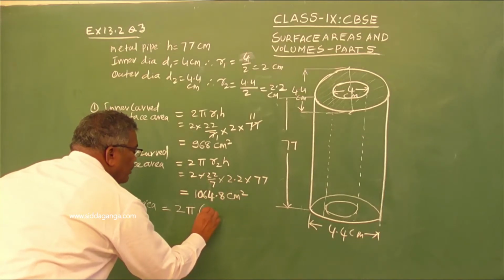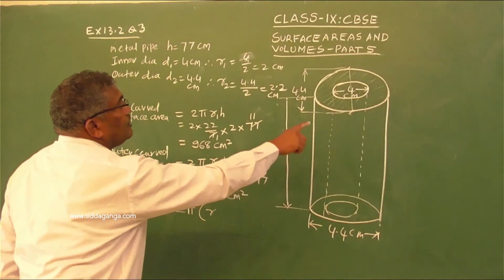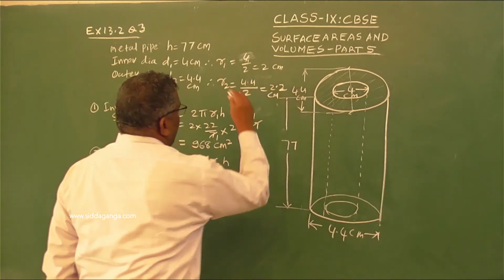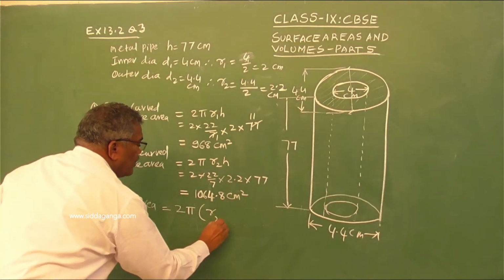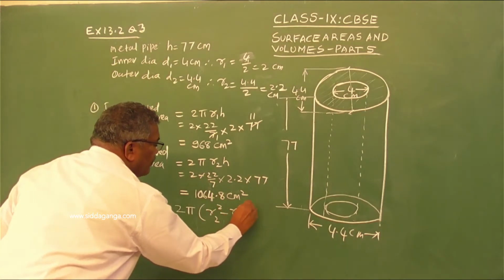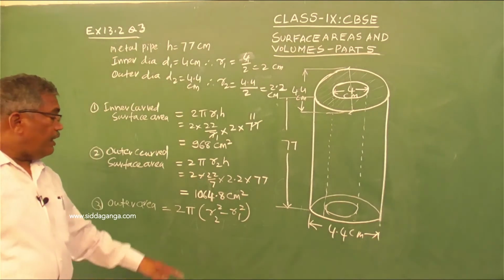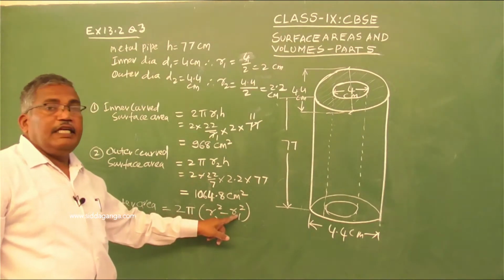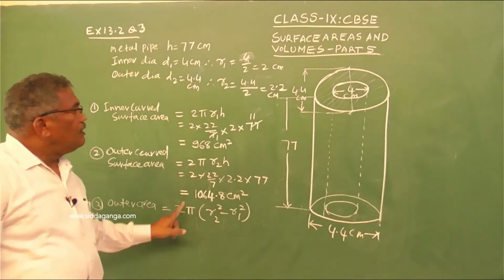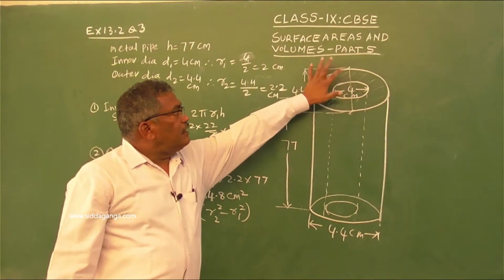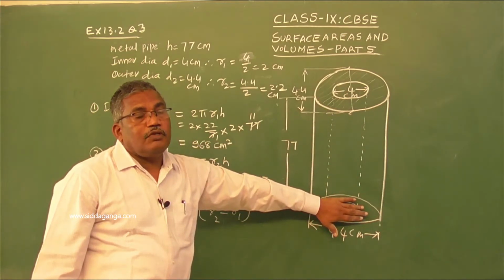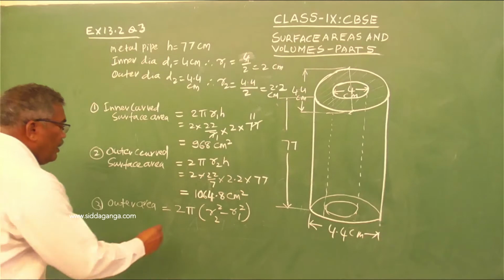R1 is inner and R2 is outer. So I will write R2 square minus R1 square. So outer area minus the inner area. 2, because one at this end, this hatched area, and the other one at this end. So therefore I am taking 2 pi R square.